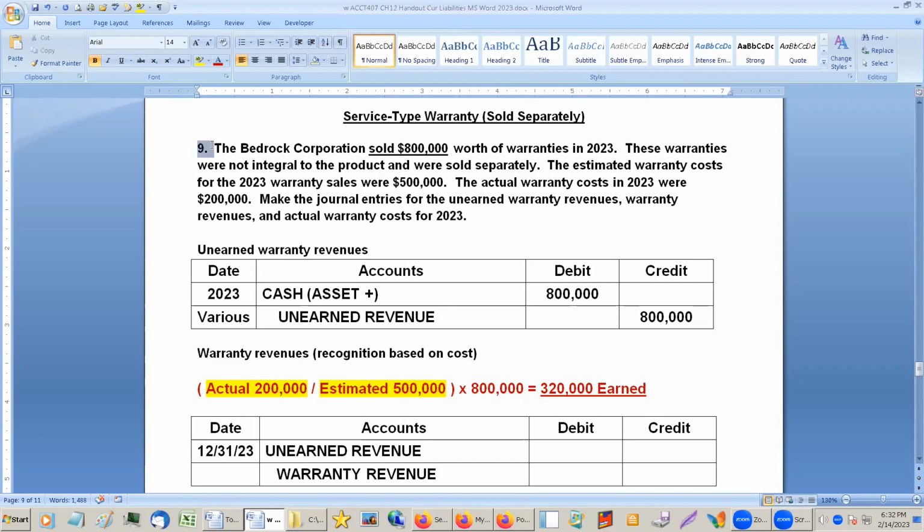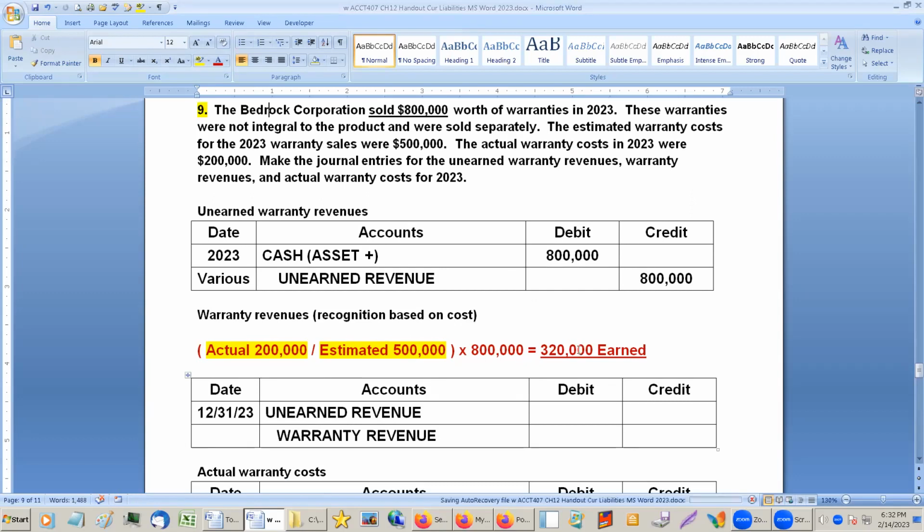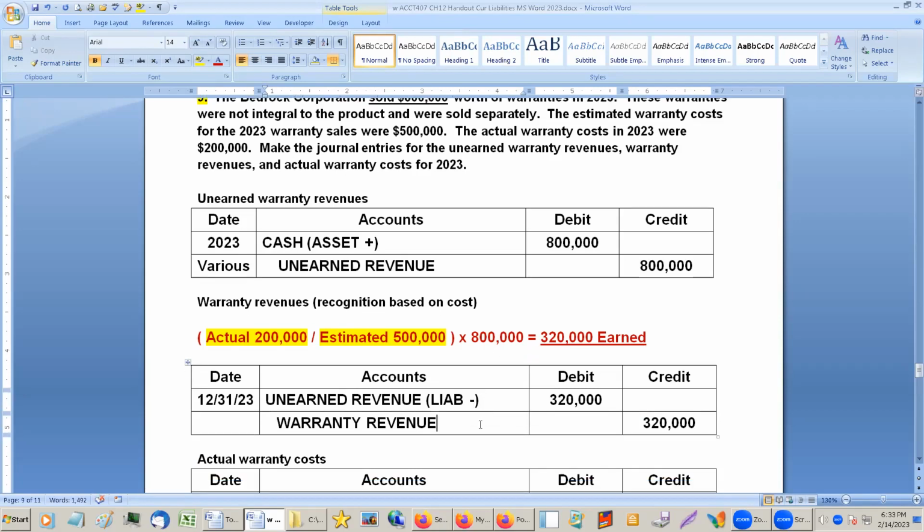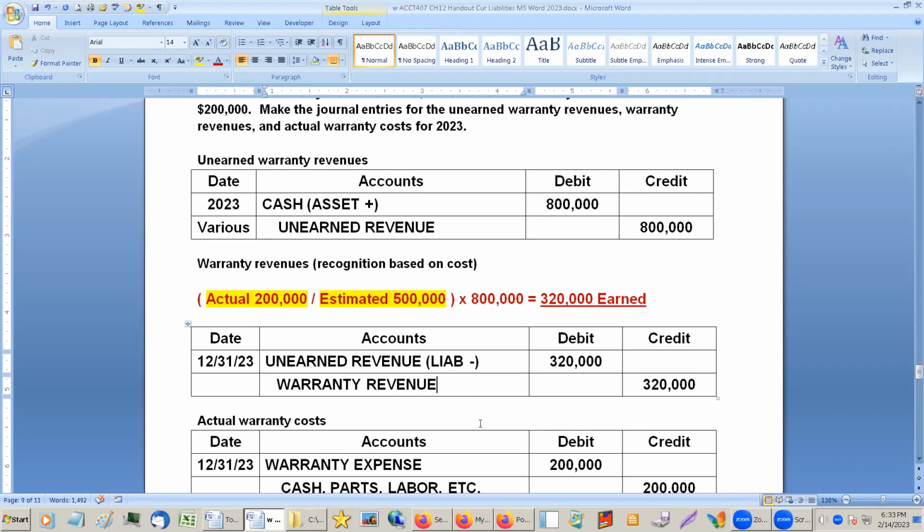So this is number 9 we're on. Okay, so let's see, we earned what is that, like 40%? I think it's 40%. So 40% of it was earned, so we will take 40% of our unearned. So there's a liability going down. And we'll count as plain old revenue. So now we've earned 320 of it.